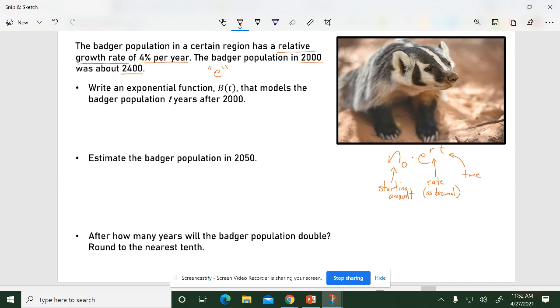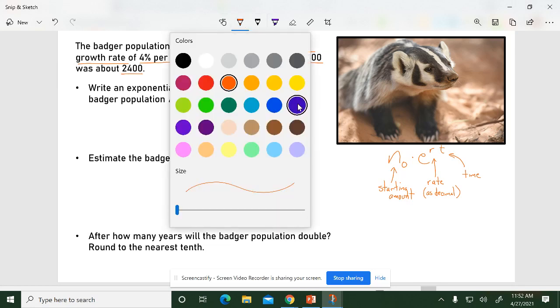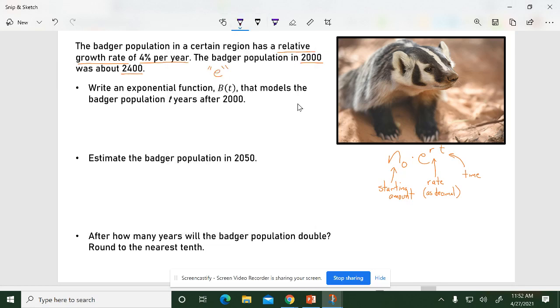So the first thing we've got to do is write a function. We are going to call our function B of t, so badgers after t years. Our starting amount is 2,400, times e, and our exponent is going to be our rate.